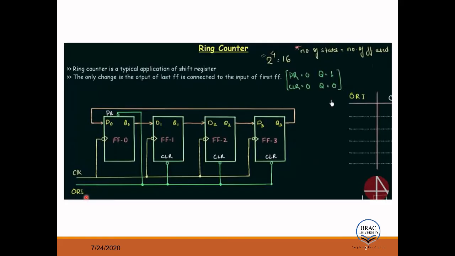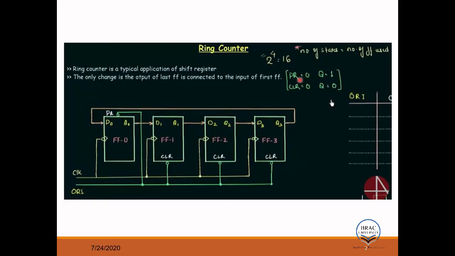Okay, one more thing is it has an override. ORI means override, which means when override is activated, it will activate the preset and clear, PR and clear. So preset has a bubble, so preset is low, clear is low. So that means if override is activated, then preset is low, clear is low.